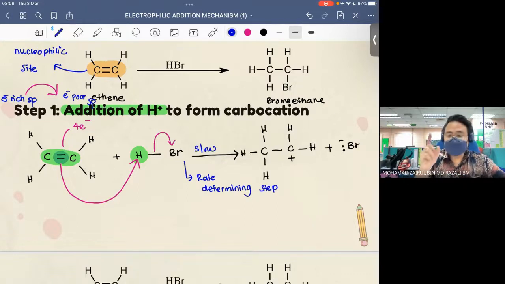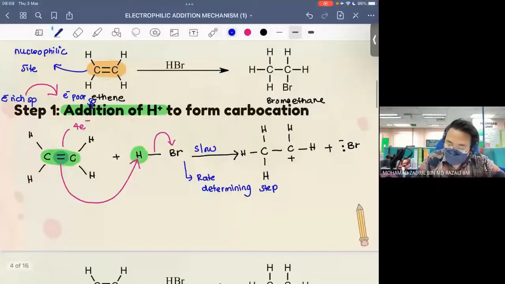Sebab normally in order to form carbocation, ataupun in order to form any intermediate lah, selalunya kita kena overcome highest energy transition state.